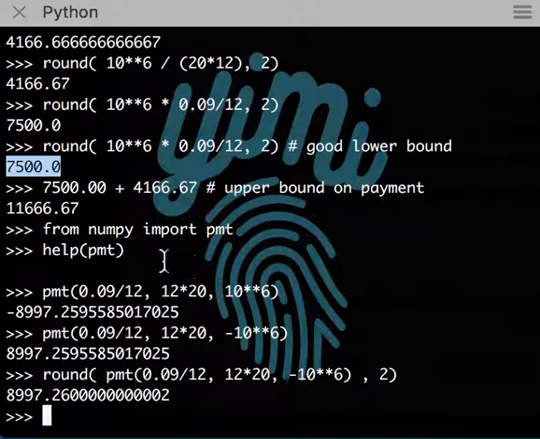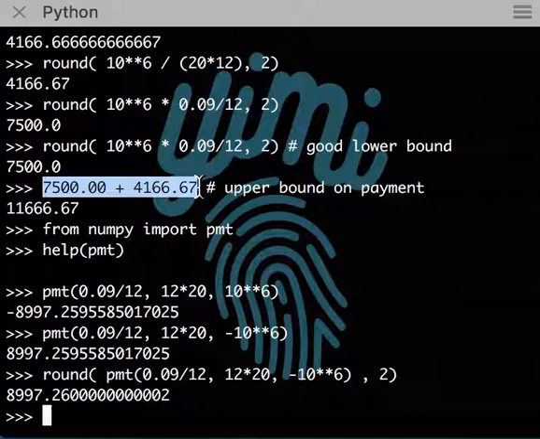Now, is our estimate of 7,500 plus the monthly payment for the zero interest case a ridiculous upper bound? Actually, not really. There are certain cases for certain combinations of the payback period and the interest rate for which the amount that you compute as an actual monthly payment is very close to this amount. But that's a topic for a different video.